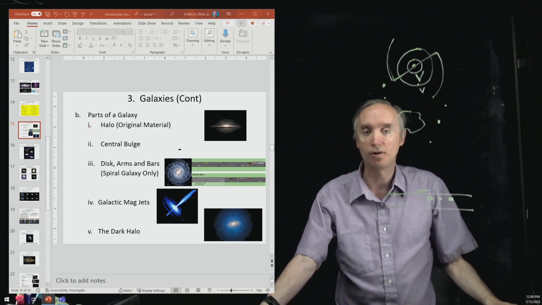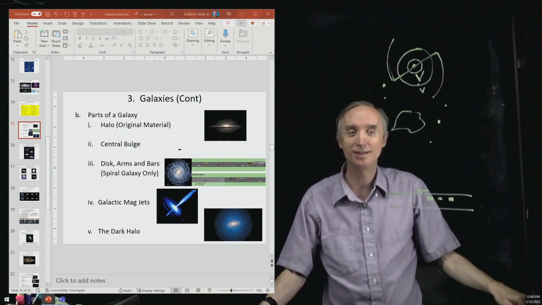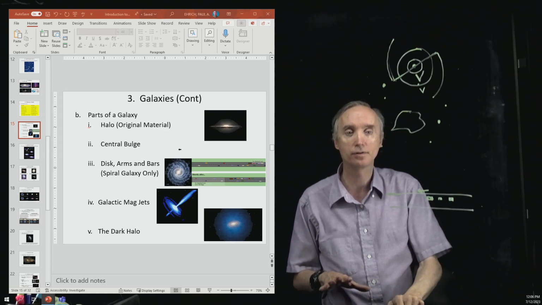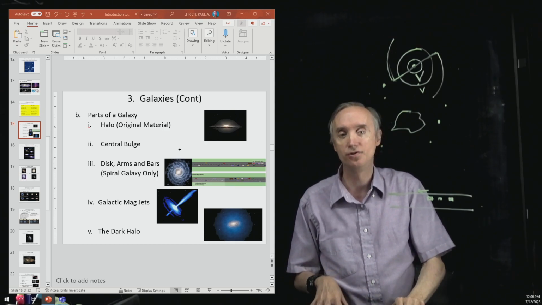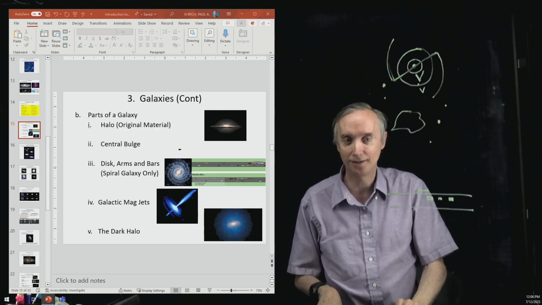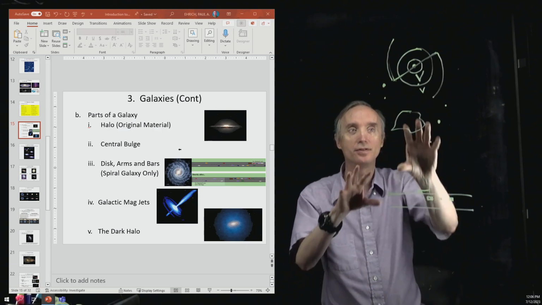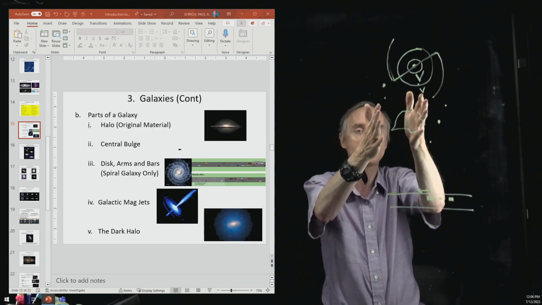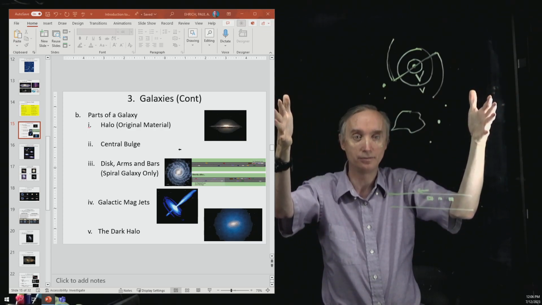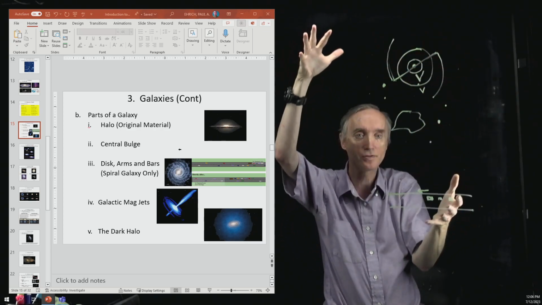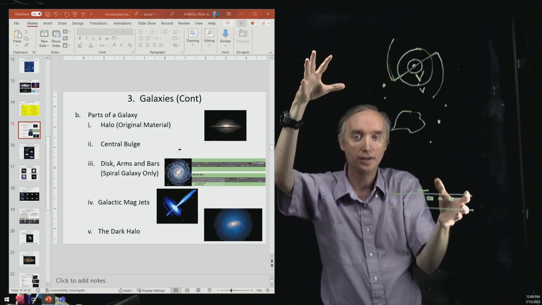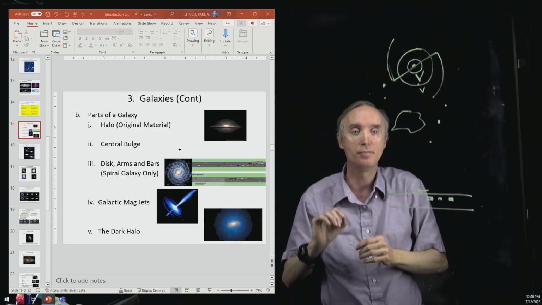Now, the dark halo is up to 10 times larger. It's dark. That means you can't see it. So imagine this picture here and then expanding it by a factor of 10. And then all of this material out here is going to be dark matter.